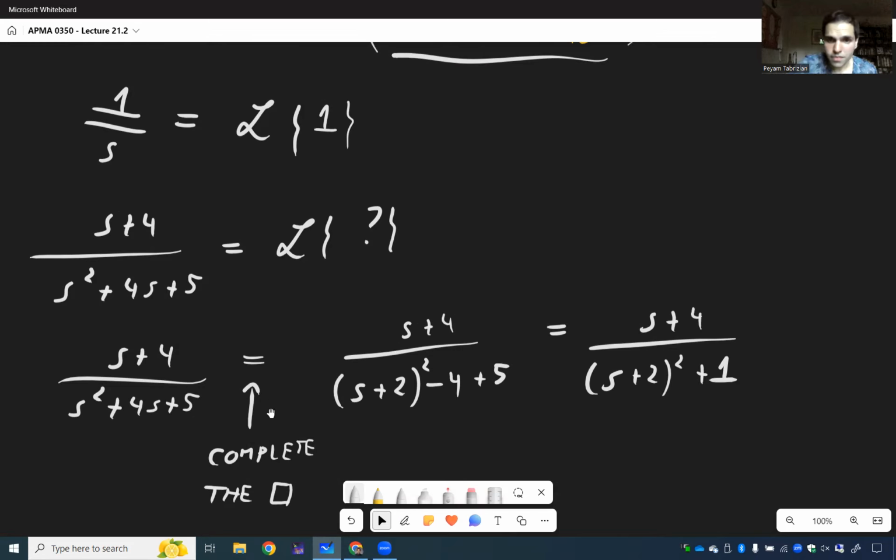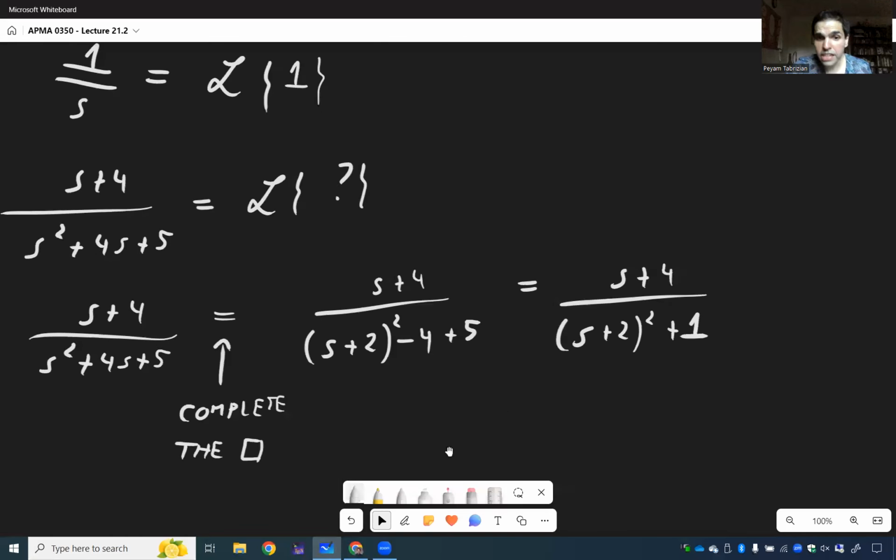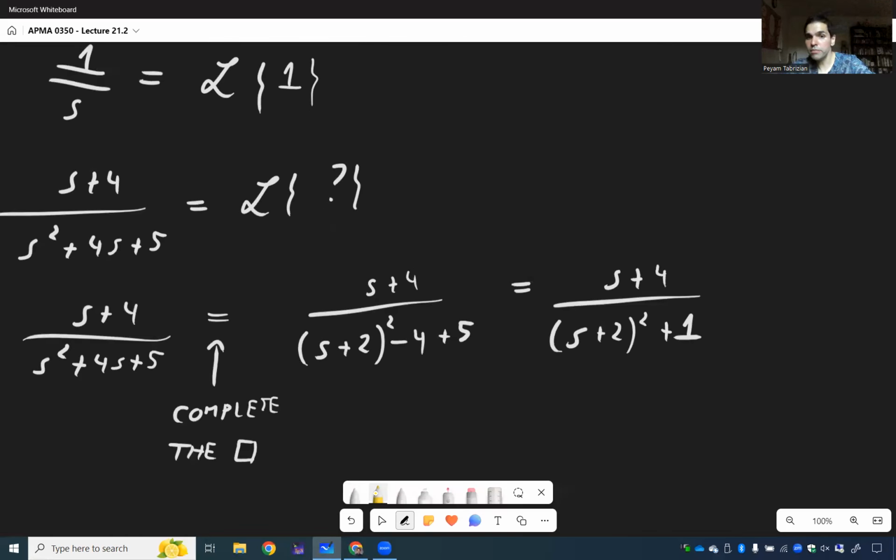Now, remember here the denominator is more important. So what do you want to do? You want to write this in terms of s plus 2. Now here it's not too bad because s plus 4 is s plus 2 plus 2.